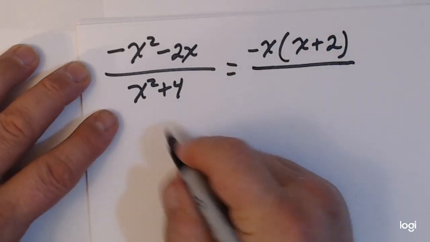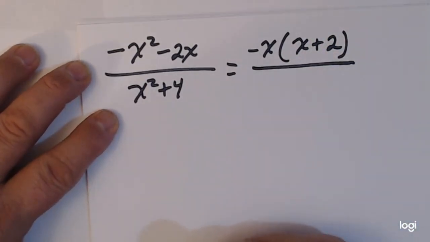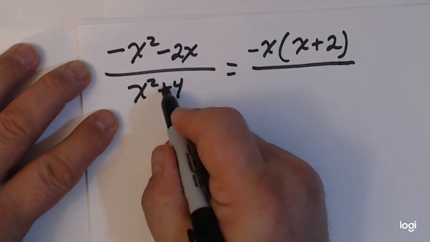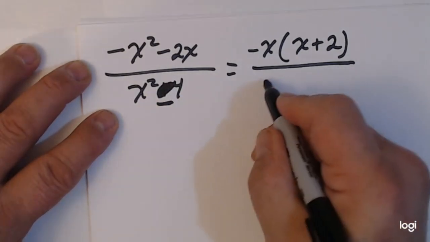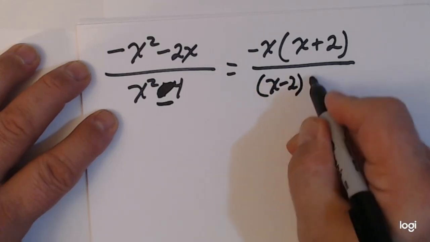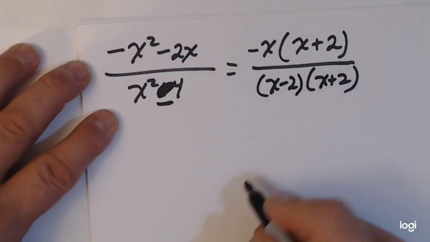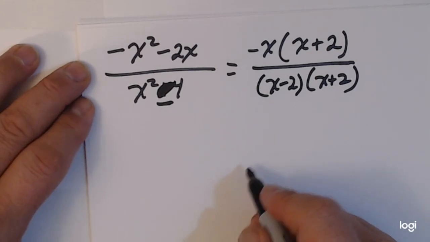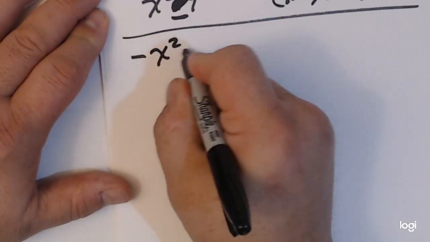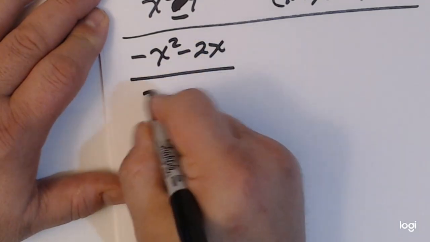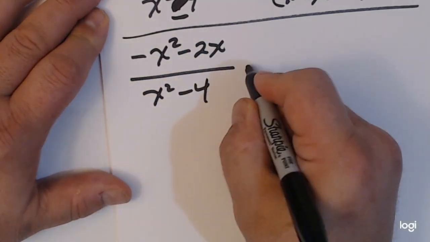Now, x squared plus 4, there's nothing. This should have been a minus 4. And that breaks down to x minus 2 times x plus 2. Sorry about that. Let me rewrite this problem. Negative x squared minus 2x over x squared minus 4.